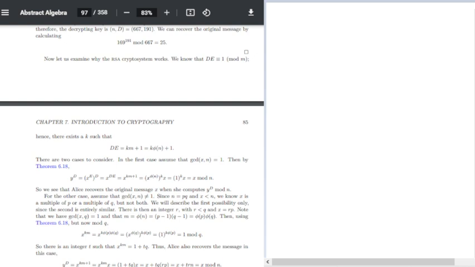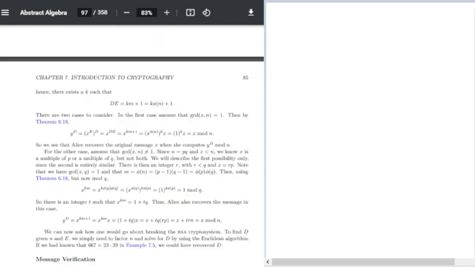Then, by Theorem 6.18, y^d = (x^e)^d = x^de = x^(k phi(n) + 1) = (x^phi(n))^k x = 1^k x = x mod n. So, we see that Alice recovers the original message x when she computes y^d mod n.